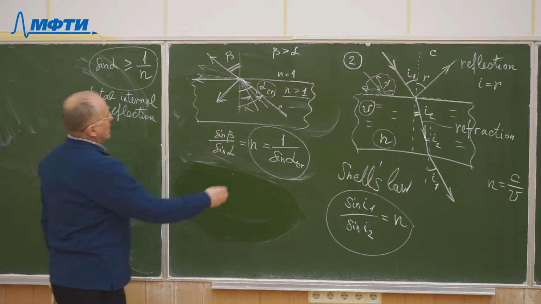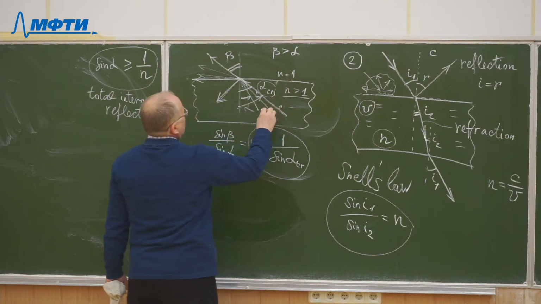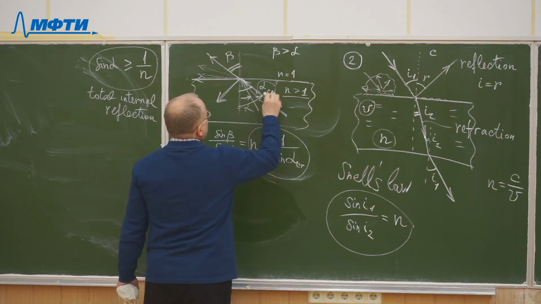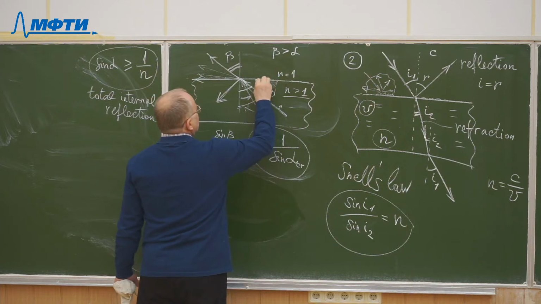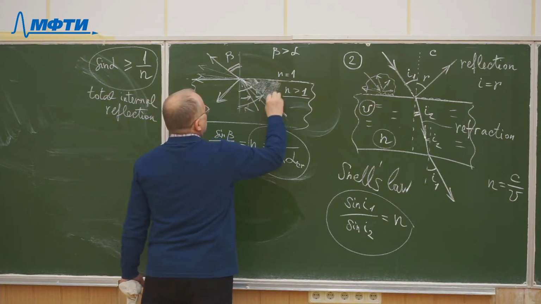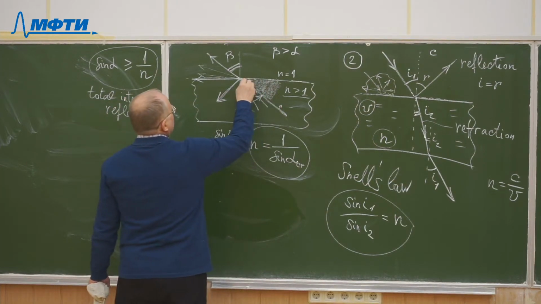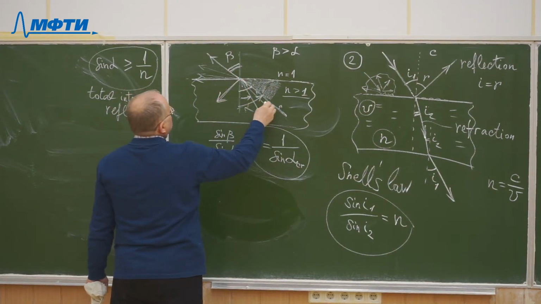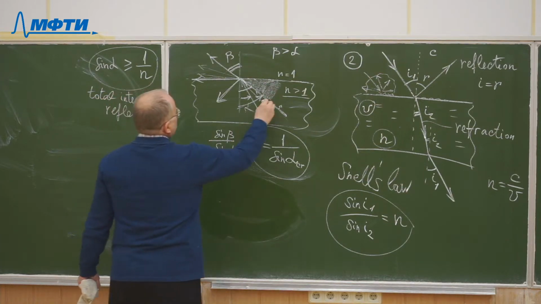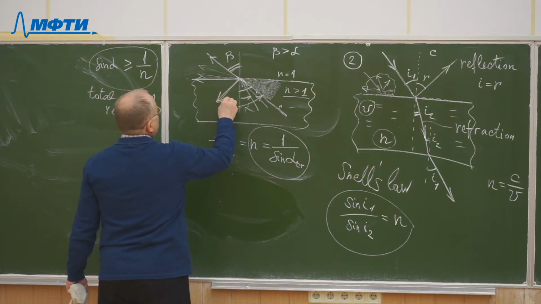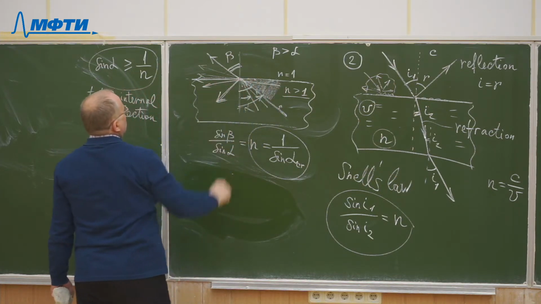So we may increase the angle alpha up to 90 degrees, starting from the critical angle up to 90 degrees, and inside all these angles of incidence there will be a total internal reflection. For this angle, the reflected light will go this way, and for this angle, the reflected light will go along this way.